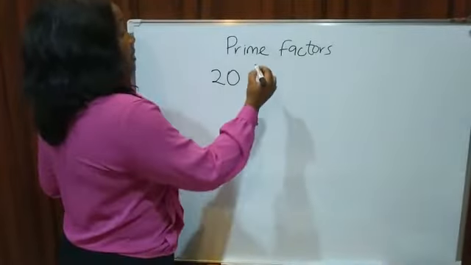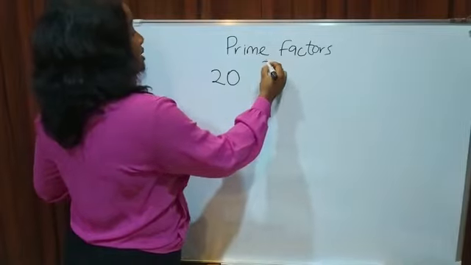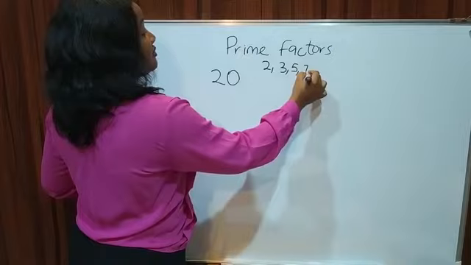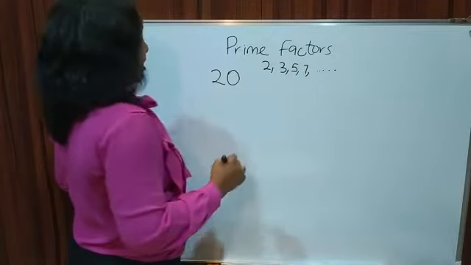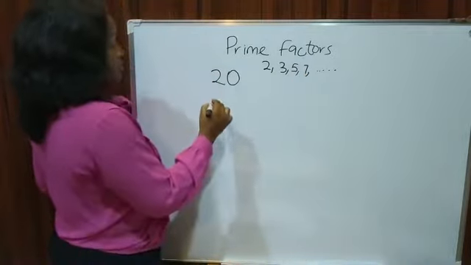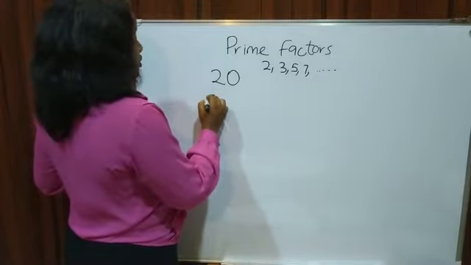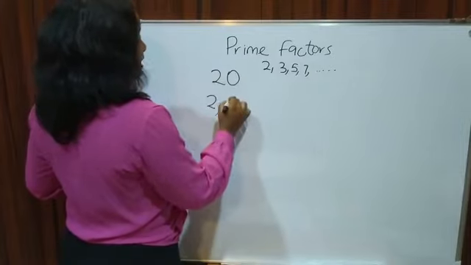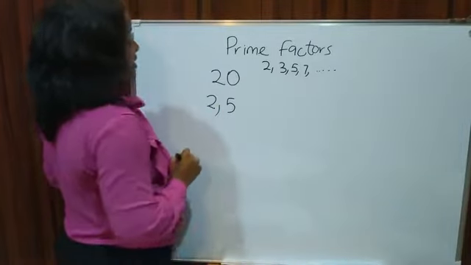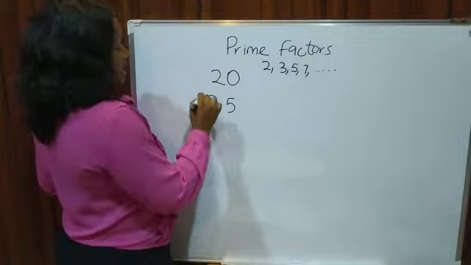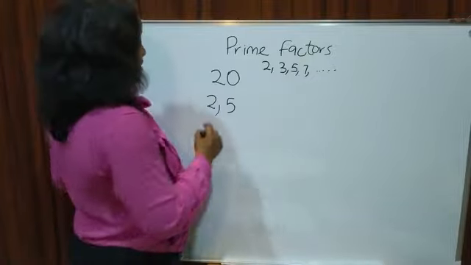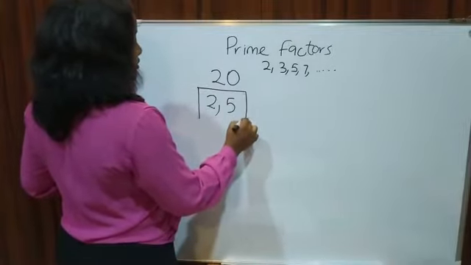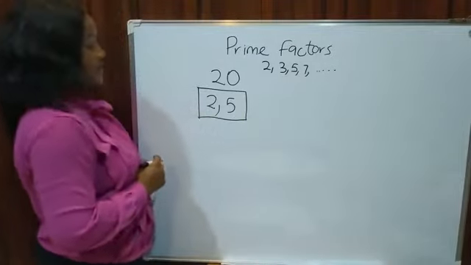Remember, our prime numbers are 2, 3, 5, 7, etc. We know that 2 is a factor of 20. 3 is not, and we know 5 is a factor of 20. The other factor of 20 is 10, and 10 is not a prime number. So basically, these are the prime factors of 20.